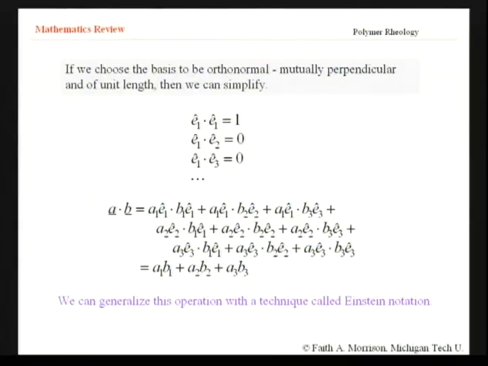So on the slides again, if we choose a basis to be orthonormal, which means mutually perpendicular and of unit length, then the dot products in multiplying two arbitrary vectors simplify, and all those 9 terms, which are very cumbersome and difficult to deal with, simplify to this very, very simple expression.